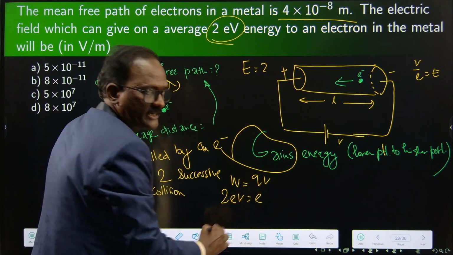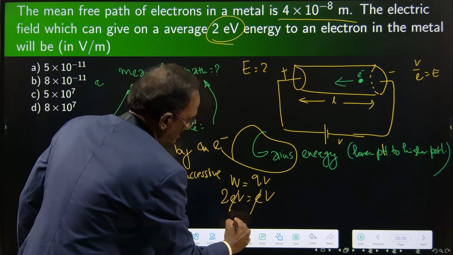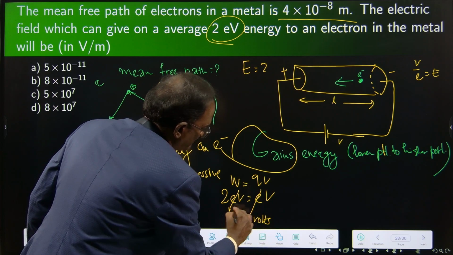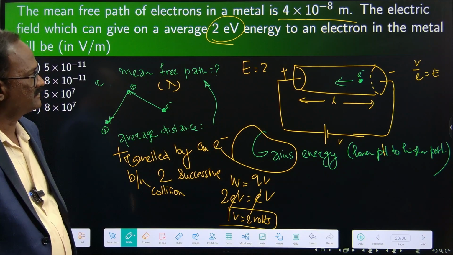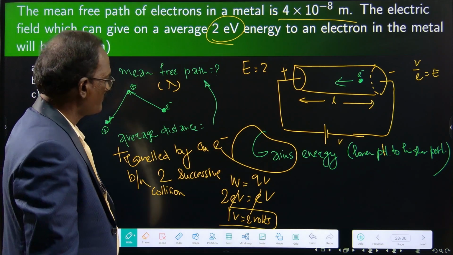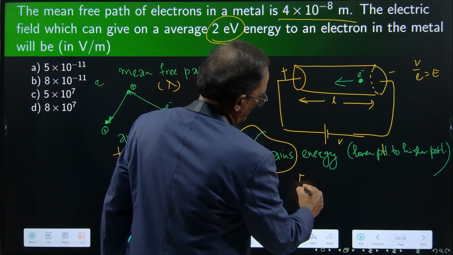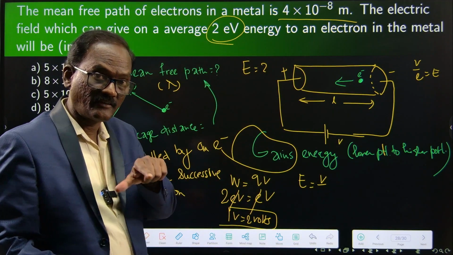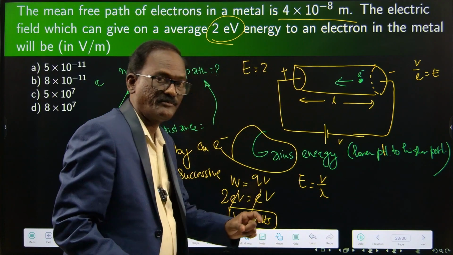Instead of Q I will write e for electron, then V. e and e are cancelled. So voltage is equal to 2 volts. The question is E. E is equal to V by L, but in this case instead of L we must write lambda, the mean free path.